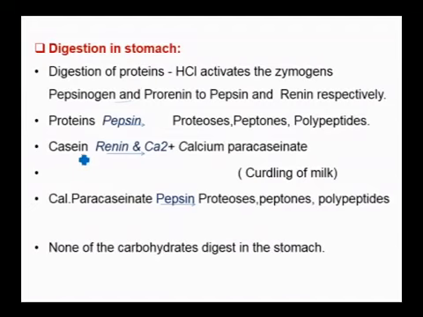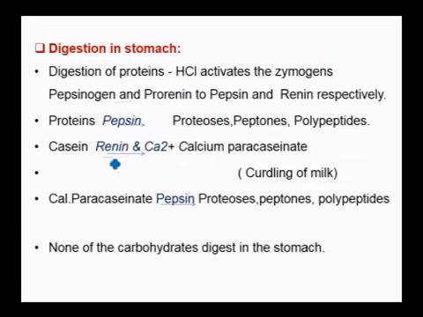Casein, which is a milk protein, is converted into calcium paracaseinate in the presence of renin and calcium. This process is called curdling of the milk. It is only after the precipitation of casein that pepsin can act upon it. The calcium paracaseinate is converted into proteoses, peptones and polypeptides by the action of pepsin.